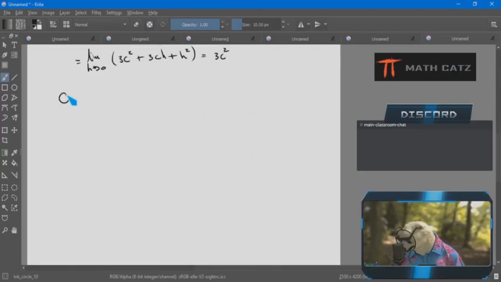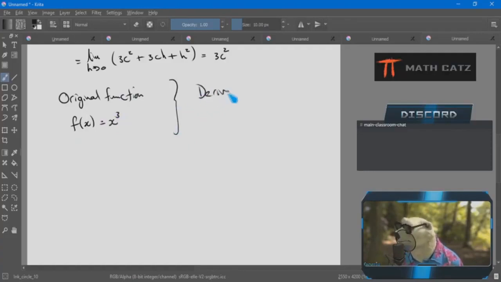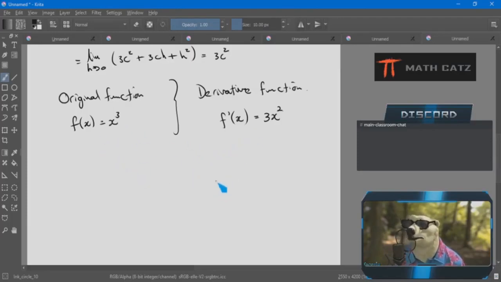This now tells me, if the original function is my basic cube function, then the derivative, which is a function because it depends on which x value I want, whether I call it c, whether I call it x, doesn't change the fact how it's calculated. There's another pair, original and derivative.